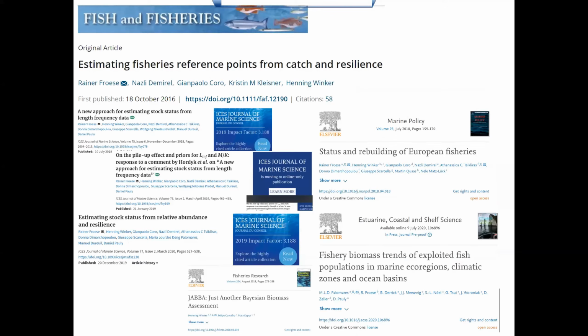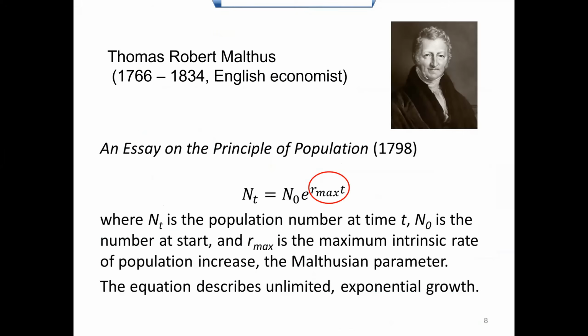Now, the method that I will talk about was developed by my friend Rainer Froese in Germany and colleagues, and it has been applied to many stocks in the world, including in India and by Indian colleagues. Now, the method is very simple, and it has only two parameters.